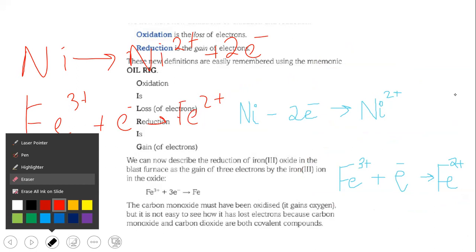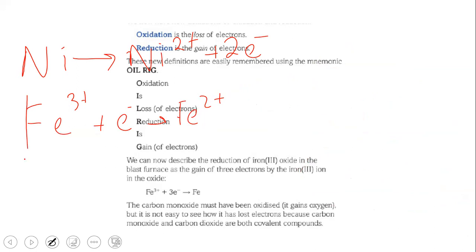We have to balance the number of electrons. Whenever we're trying to balance our half equations and come up with an overall equation, we need to balance the number of electrons. In the top equation, we have 2 electrons. So in the lower equation, we also have to multiply it by 2 to turn it into 2 electrons.